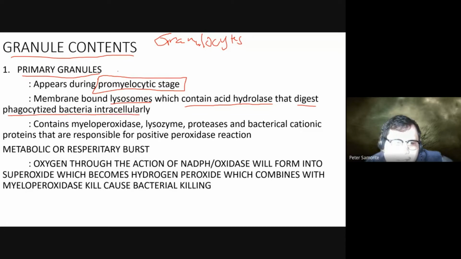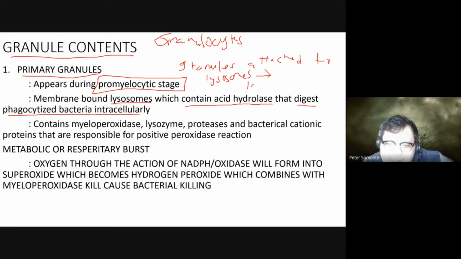So your primary granules are attached to lysosomes. And since they are attached to lysosomes, if you recall, the lysosome would produce the enzyme lysozyme. And lysozyme would digest foreign matter.